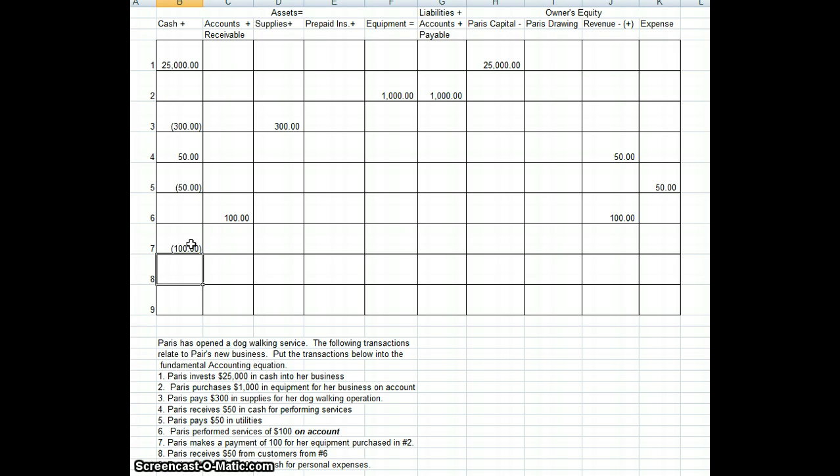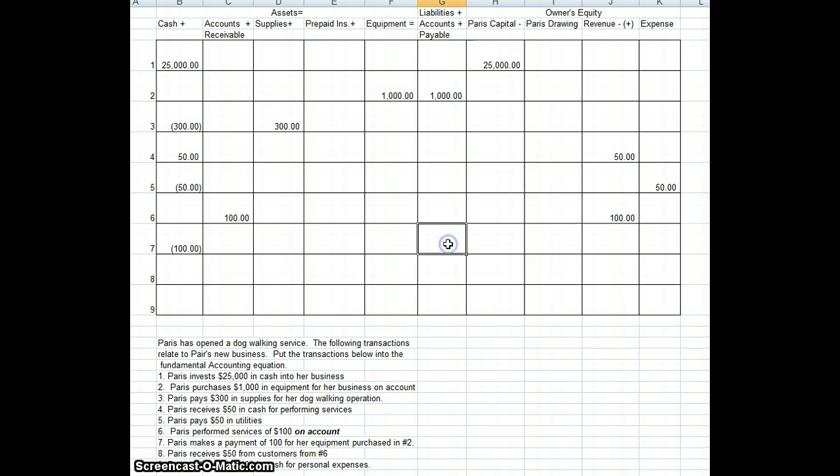And then we're going to come over to the account where we owe money to someone else. Can you remember what that account is, the account where you owe money to someone else? Did you say accounts payable? If you did, you would be correct. Accounts payable is the account where we owe someone else money. And you can see here's the transaction from number 2 where we recorded a $1,000 increase.